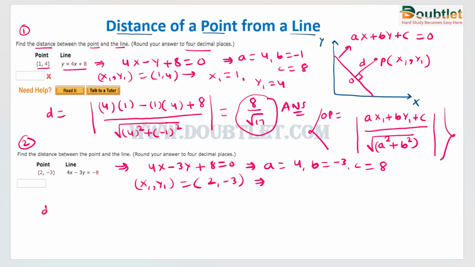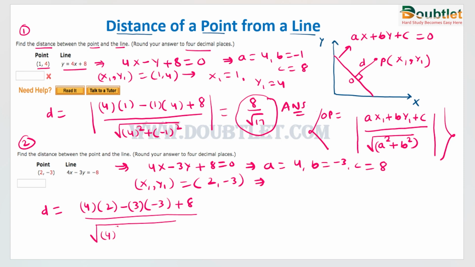And now to find the distance d, we need to replace these values in this formula. So we can write 4 multiplied by 2 minus 3 multiplied by minus 3, plus 8, divided by under root of, what we will do, we will square and add the coefficients of x and y.